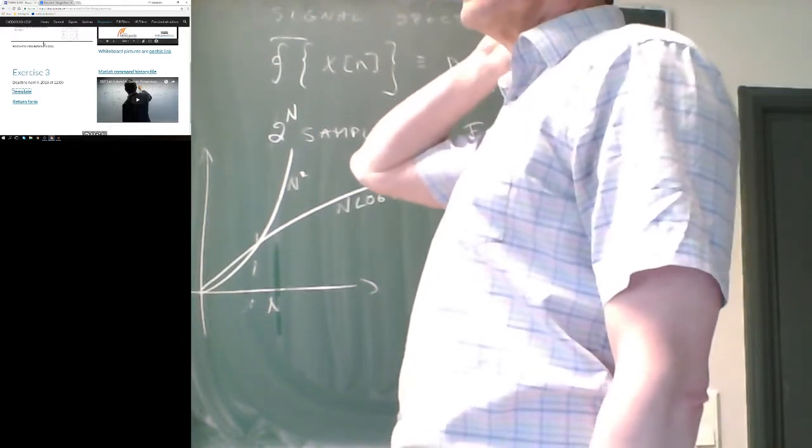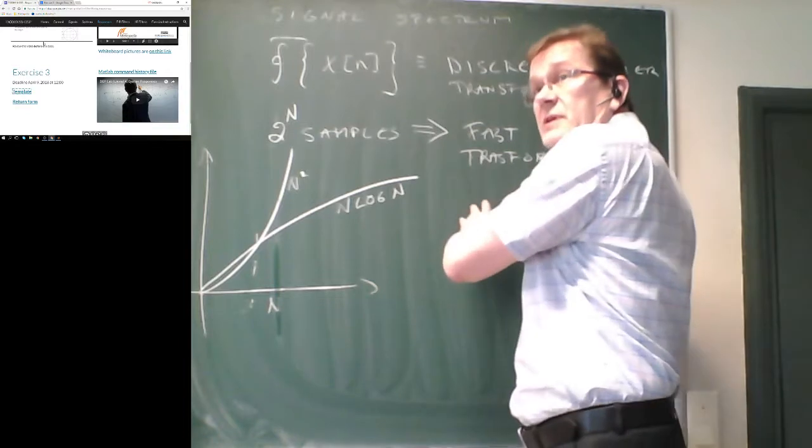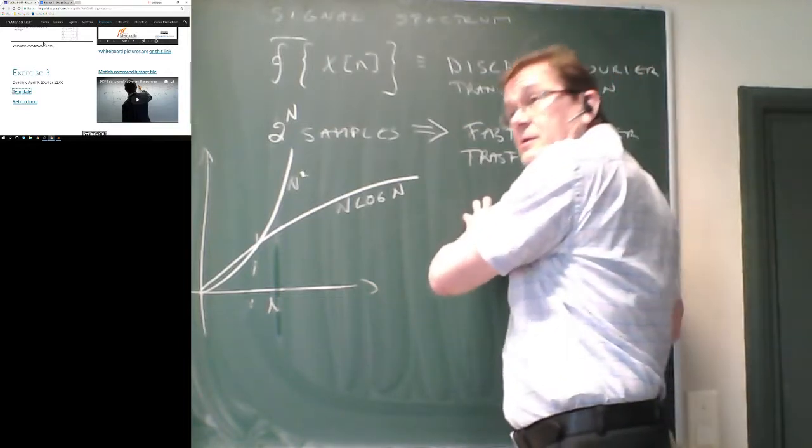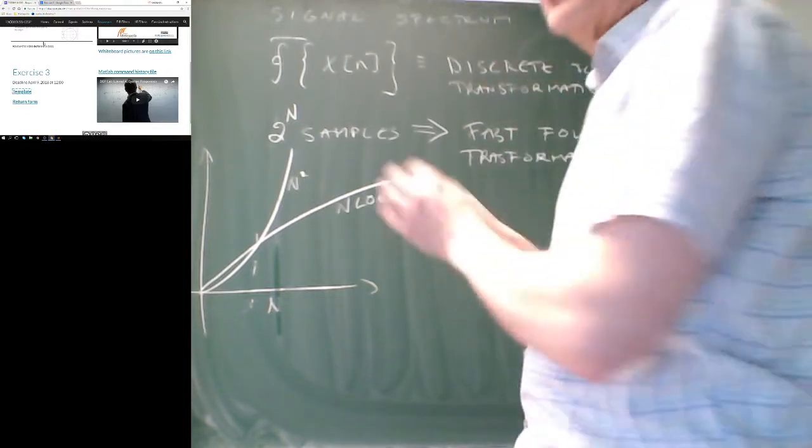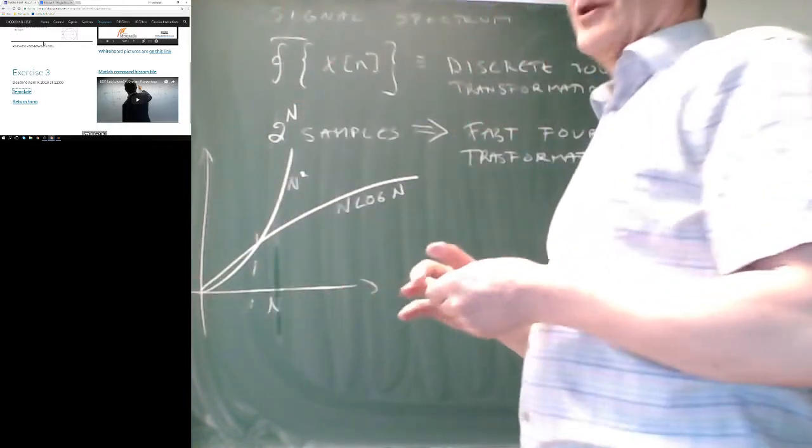Actually, if you're doing some linear filtering on pictures, then this is the only way you can still do it. With the discrete Fourier transformation, a 2-dimensional Fourier transformation would take a very long time.